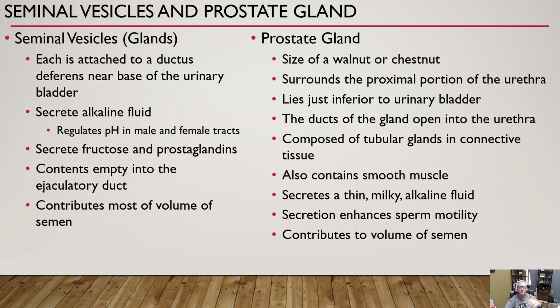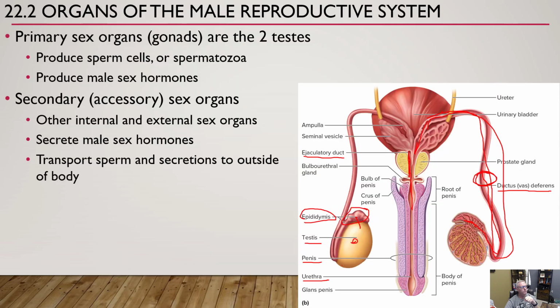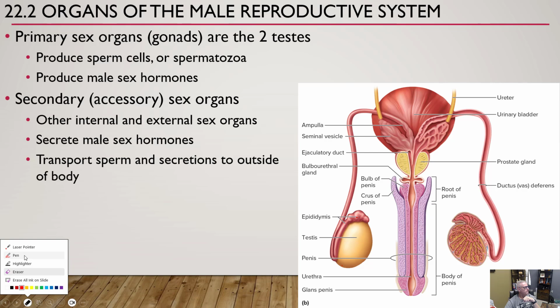Your prostate gland is about the size of a walnut or chestnut, and it wraps around the proximal portion of the urethra, right outside the urinary bladder. Here you can see the prostate gland. It's three-dimensional, so it wraps around the proximal portion of the urethra, just inferior to the bladder.